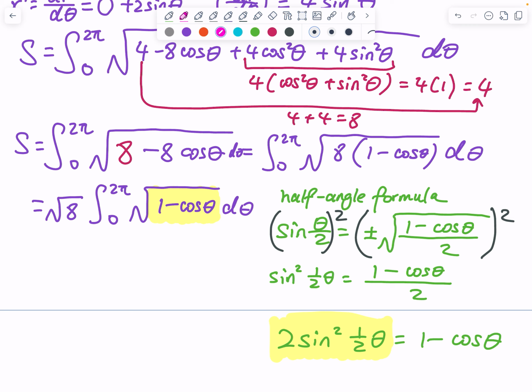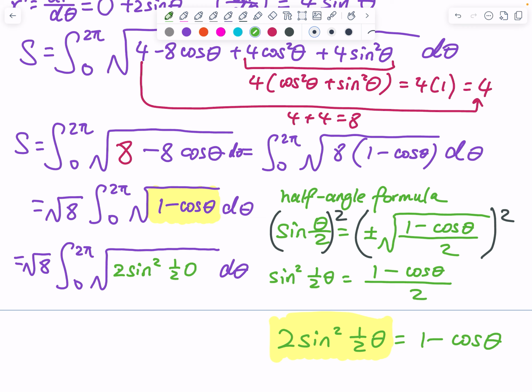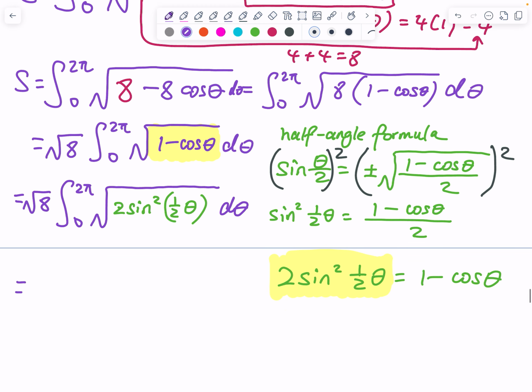Okay, and then back to the integral. I have the square root of 8, integral from 0 to 2 pi, a square root, and then d theta. What do we have? We have 2 sine square 1/2 theta. We can take the square root of 2, and then this is square root of 8 times square root of 2, from 0 to 2 pi, the square root of sine square 1/2 theta, d theta.